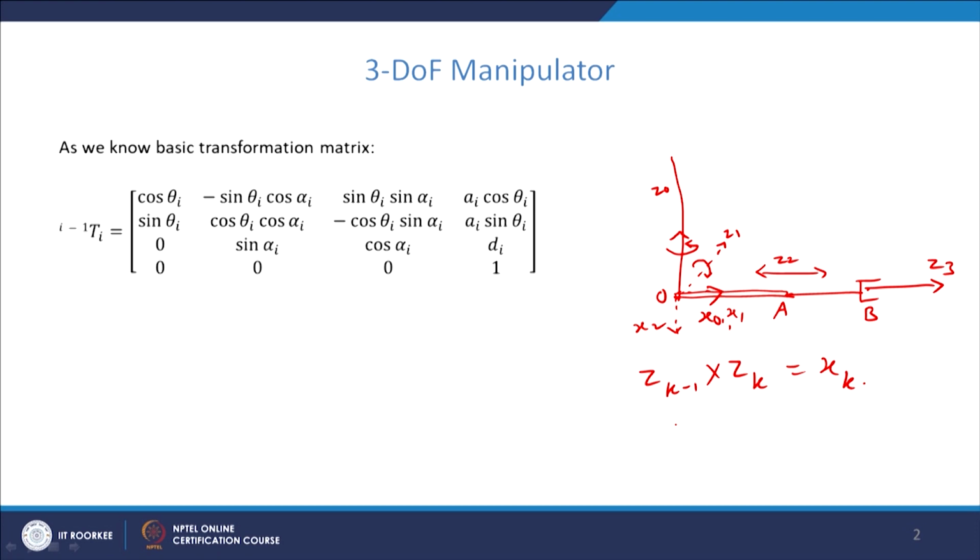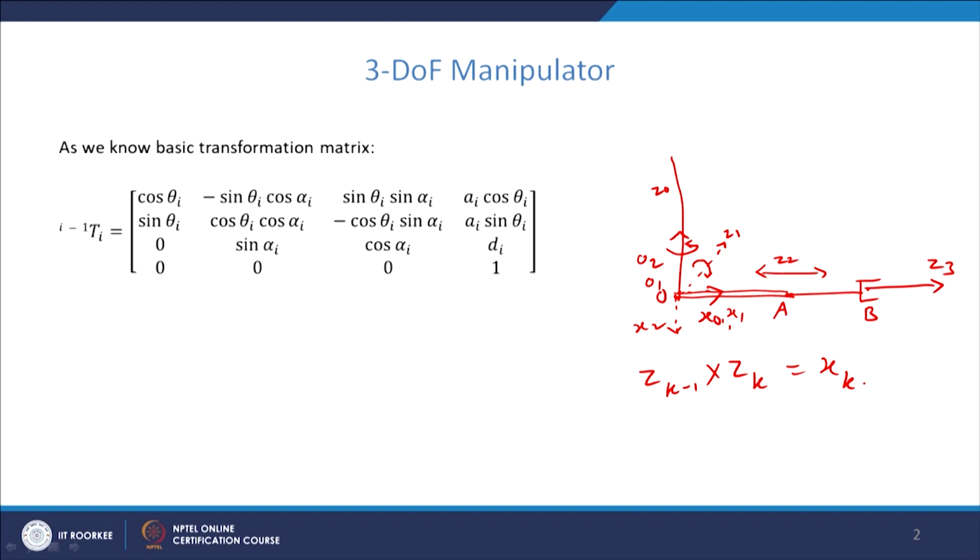The origin at each joint, already explained in the DH procedure, is the intersection of the z axes. So, all the origins are fixed at the same position here. O is the origin of the base coordinate frame, then O1 is the origin of the x1, y1, z1 frame, and O2 is the origin of x2, y2, z2 frame. All of them are situated at the same position O only here.